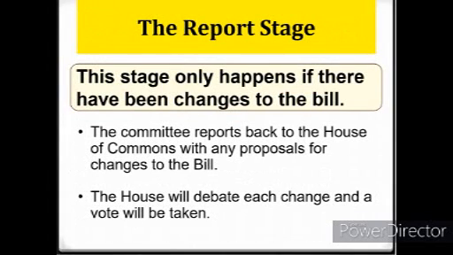So the report stage will only happen if the committee has made changes to the bill. And this is the stage where the committee report back to the House of Commons with any proposals or changes that they have made. And the House will debate each change, and again a vote will be taken.